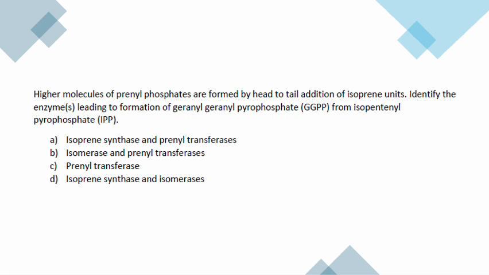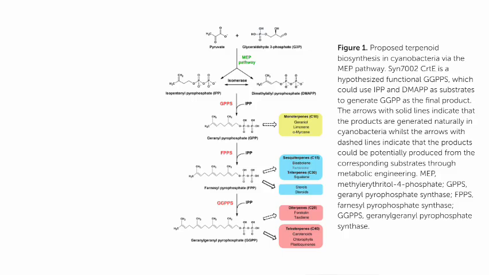Okay, so here we are talking about how isoprene units get attached, which would need a transferase enzyme. So which of these do you think is the right answer? If you look at the pathway, this starts from the precursor.